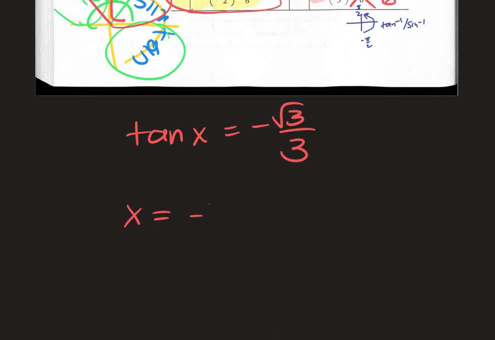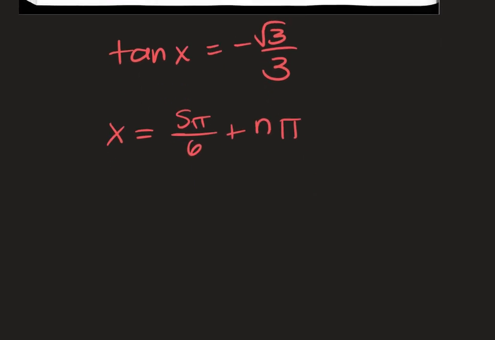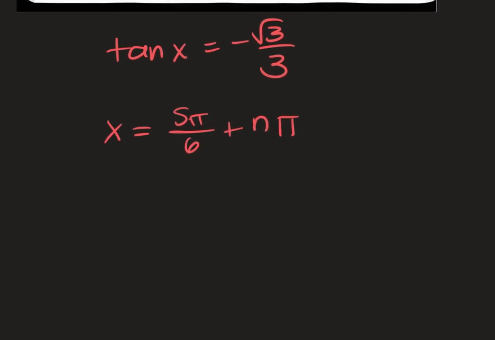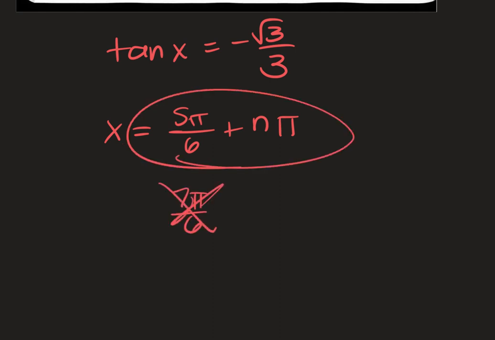It would be 5 pi over 6 plus n pi, and then, oh wait, that one repeats. It'd be 7 pi over 6 plus n pi, but you don't need the extra one. This is what your answer would be, because with tangent you only need the top, and then you add the n pi. So when it's printed there, you need to use your restriction, but when you bring it in, you're not really inversing it. Tangent and sine for you, from what you're looking at, is on the right. Cosine's like that.